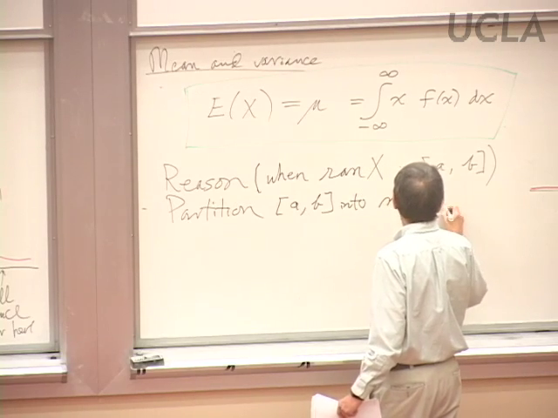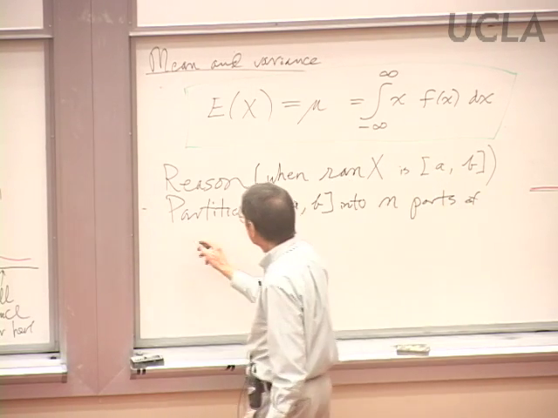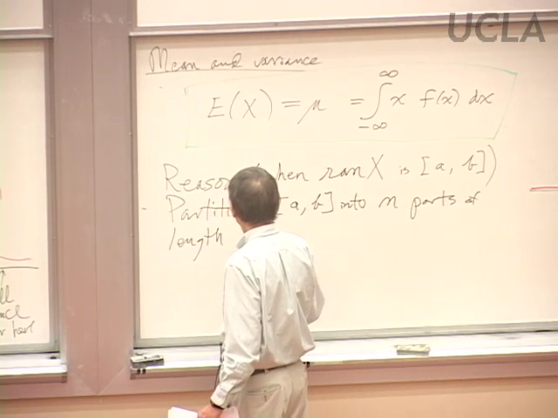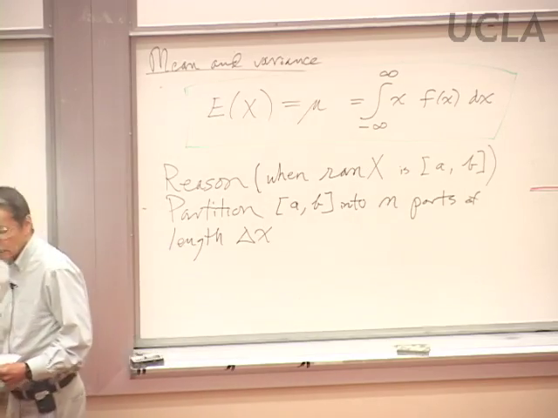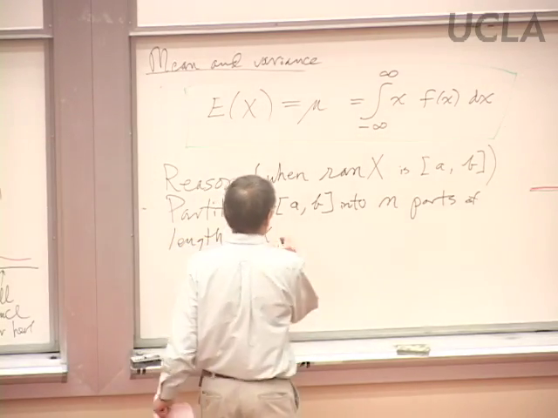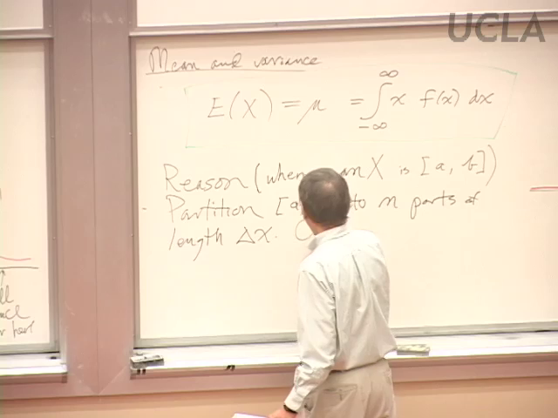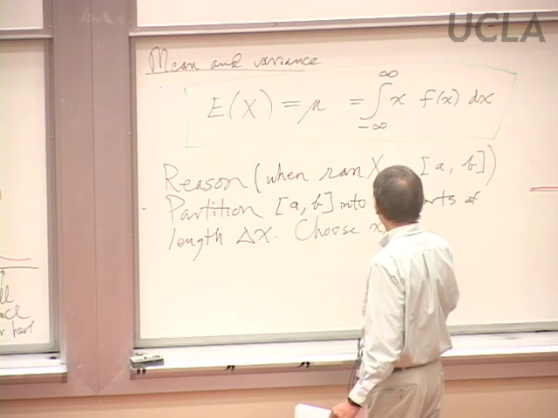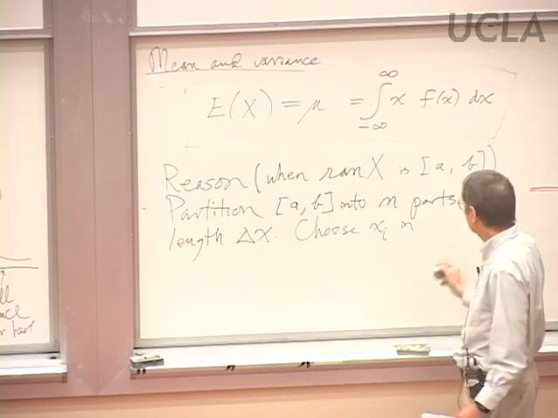Say n equal parts, each of length delta x. And we'll choose x sub i in the ith piece of this partition.